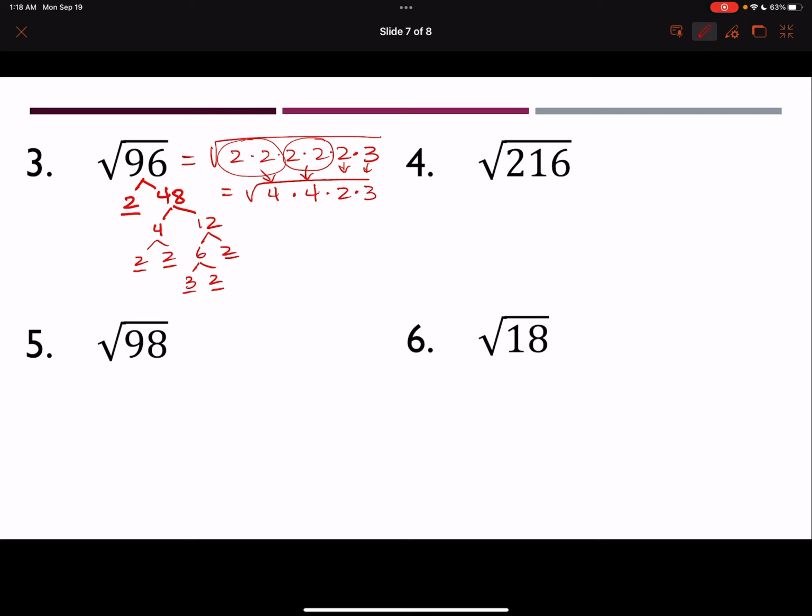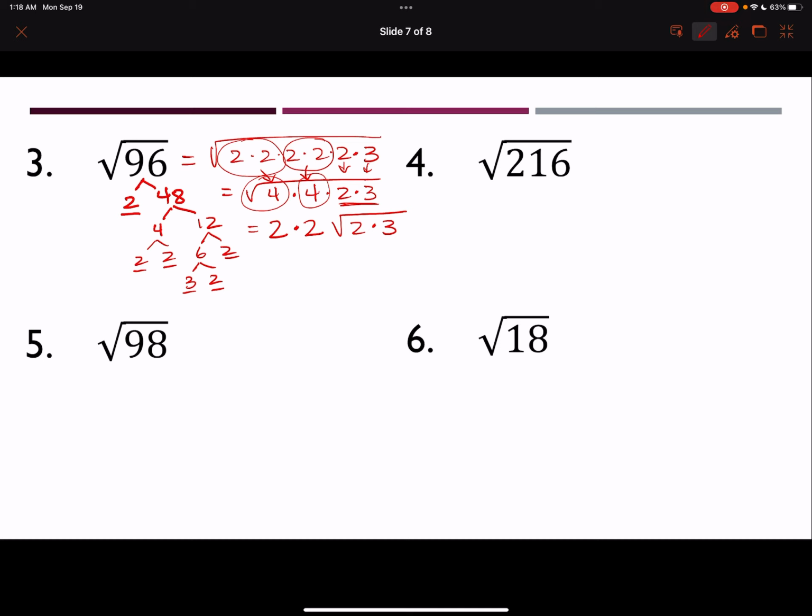And now under the square root, when I have a perfect square, I can take the square root of that perfect square. So the square root of 4 is 2. Now I have another 4 under the square root. That's another 2. But then these here, they have to stay under the square root because they aren't perfect squares. I can't take the square root of 2. I can't take the square root of 3.